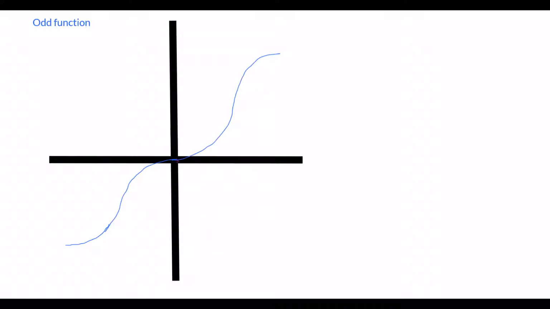Now, what happens if you are thinking about the reflection? If I take this point, if this point is 5 again, and then we trace back here.